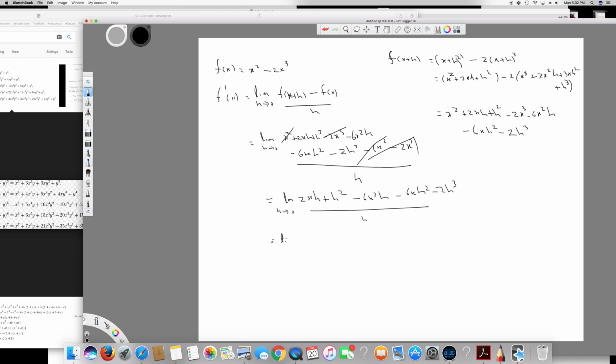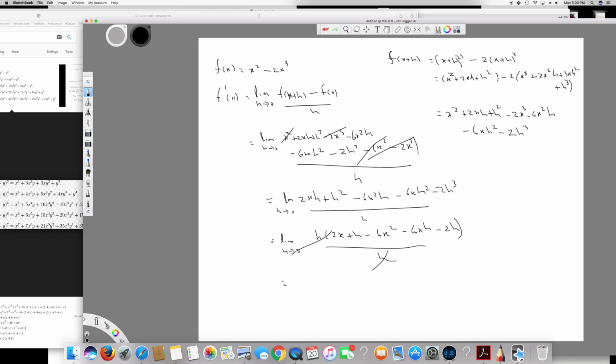Now, in the limit as h approaches 0, I can take h common. The remaining values are 2x plus h minus 6x squared minus 6xh minus 2h, over h. h cancels. Now I can plug in 0 for h.